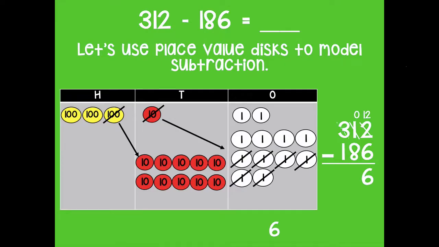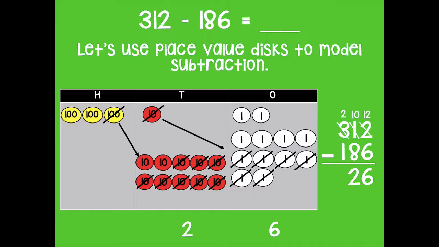So now we're left with 2 hundreds, and instead of 0 tens, we have 10 tens. So now we can do 10 minus 8. So let's subtract 8. 1, 2, 3, 4, 5, 6, 7, 8. And we're left with 2 tens. So 10 tens minus 8 tens equals 2 tens.